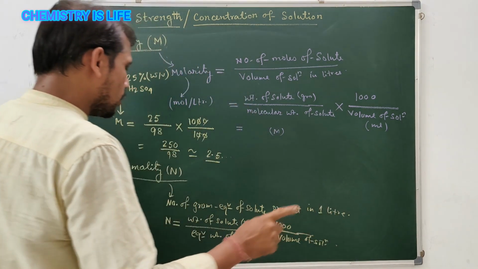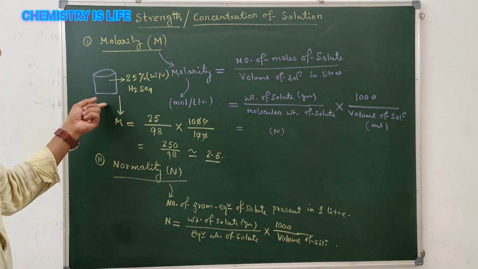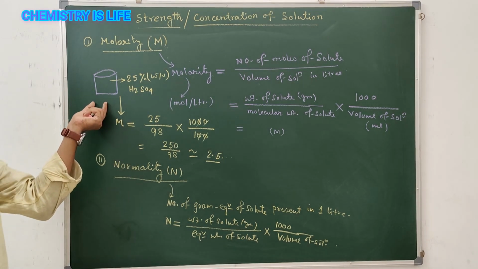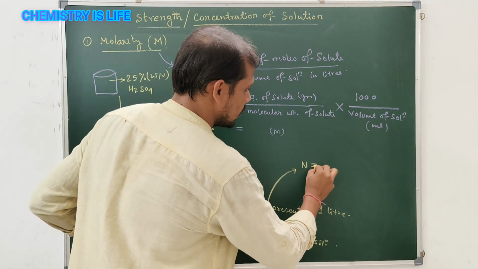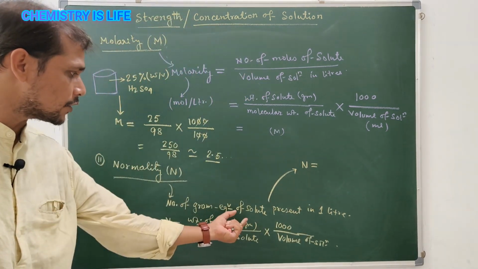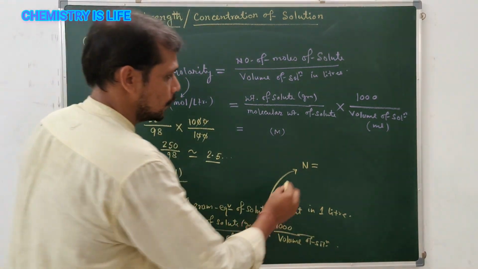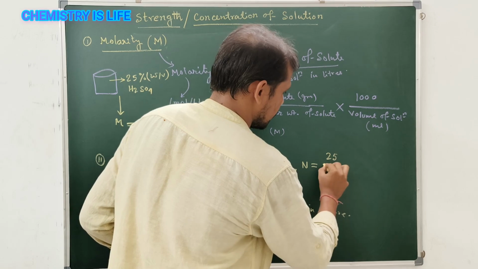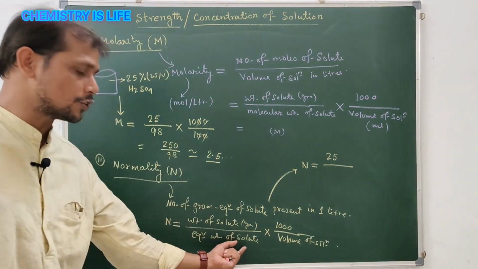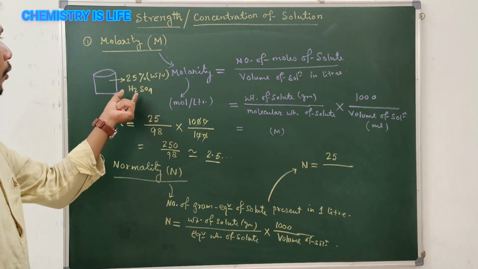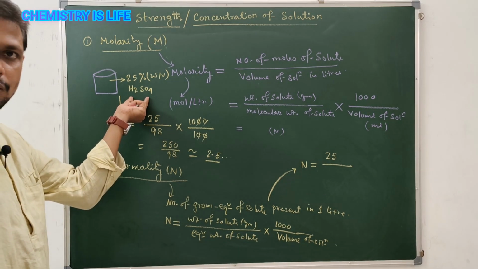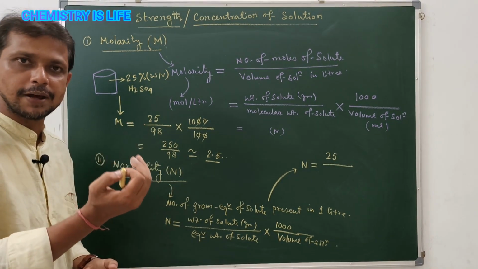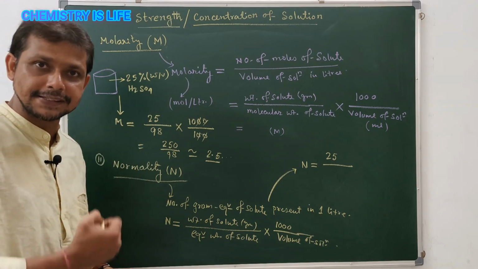So we can also calculate normality from the above example. How? I am showing in this. So normality, we have the formula: weight of the solute in gram, that is 25, divided by equivalent weight of the solute. I have already said the equivalent weight of H2SO4: its molecular weight divided by its N factor, that is basicity.